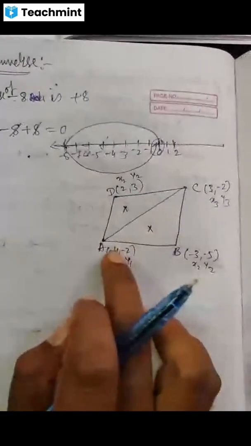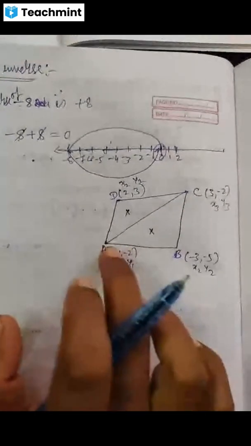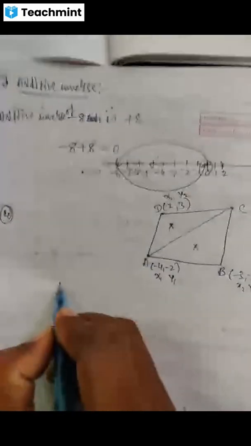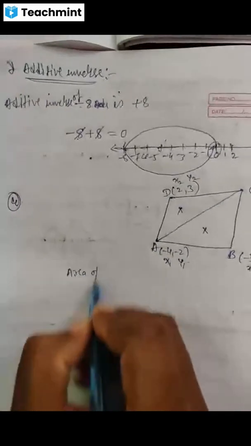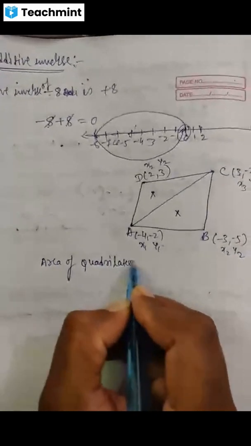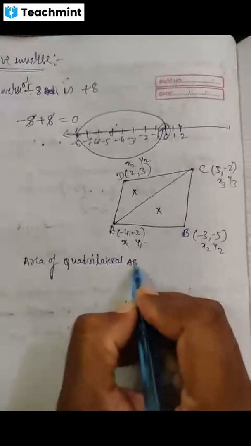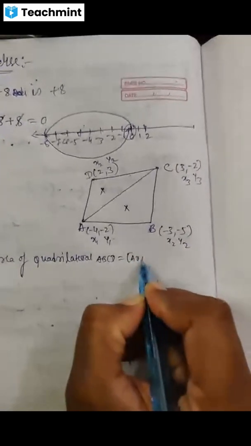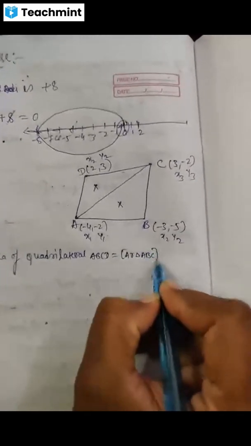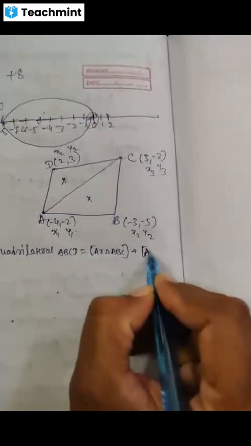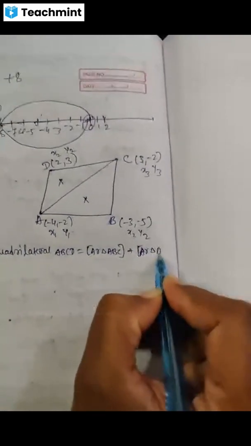Find the area of triangle ABC separately, find the area of triangle ADC separately, and the area of quadrilateral ABCD is equal to the area of triangle ABC plus the area of triangle ADC.